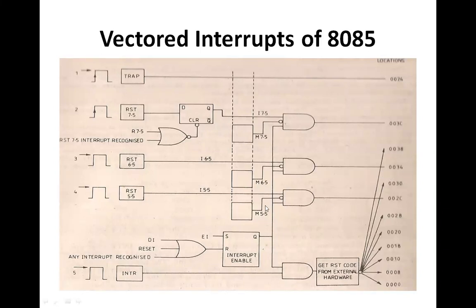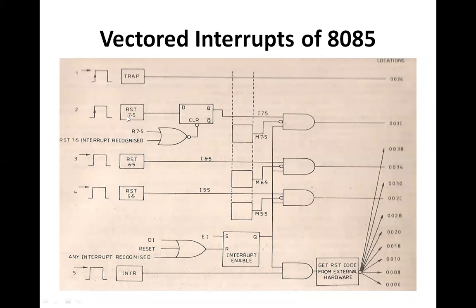If any device is connected with RST 5.5, the memory location is 002C, where the subroutine is written, which will be executed. For RST 6.5, 0034 is the memory location where the subroutine is written.